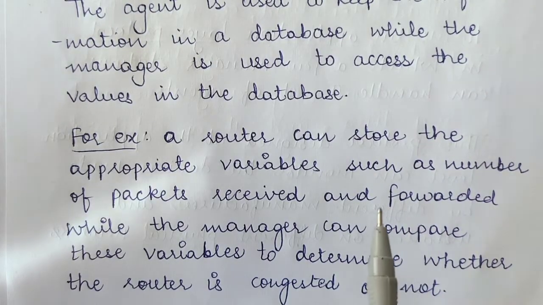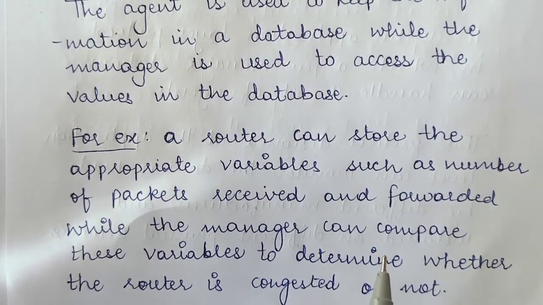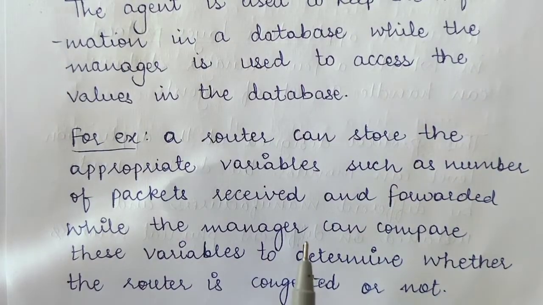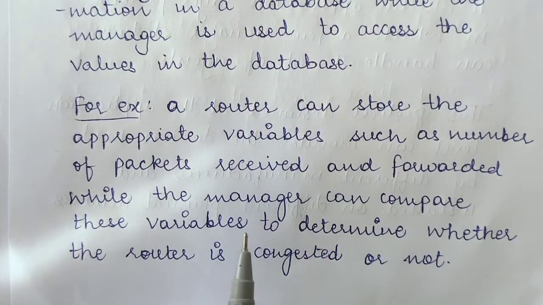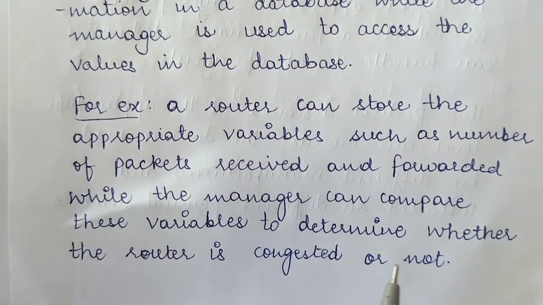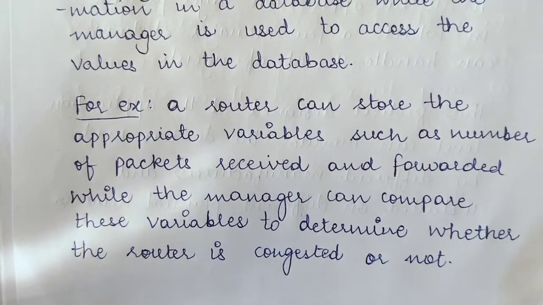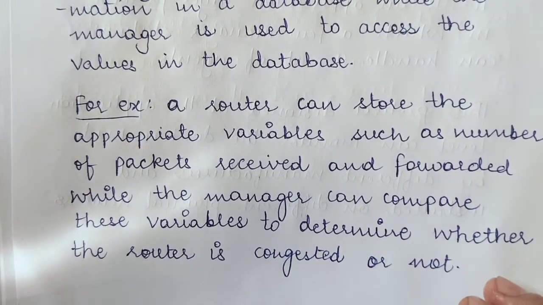These values could be the number of packets which have been received and the number of packets which have been forwarded through the network. The manager accesses this information from the database, compares how many packets were received and how many were forwarded, and based upon that it can determine whether the router is congested or not. This is how it manages the internet.